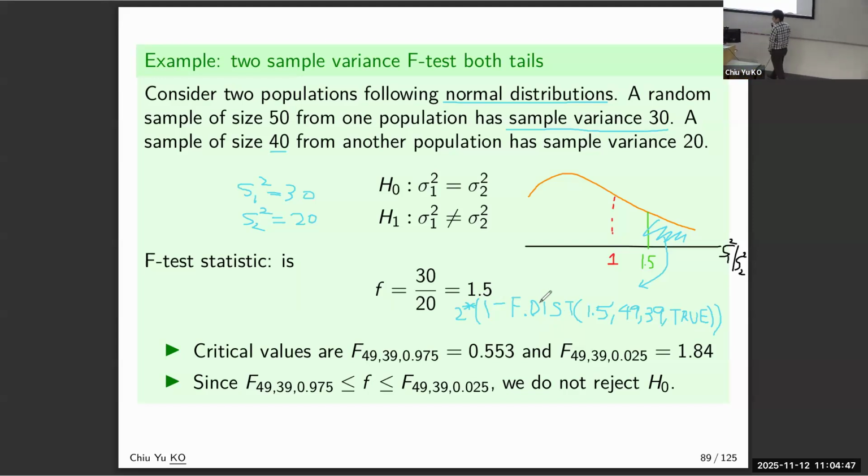Or, very often, we use the critical value method.